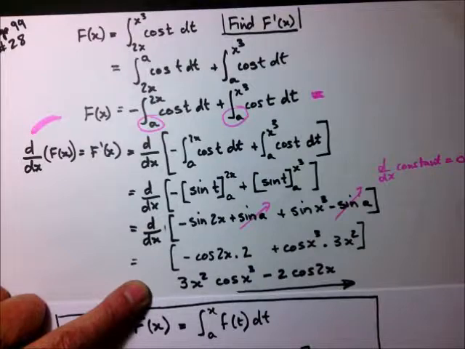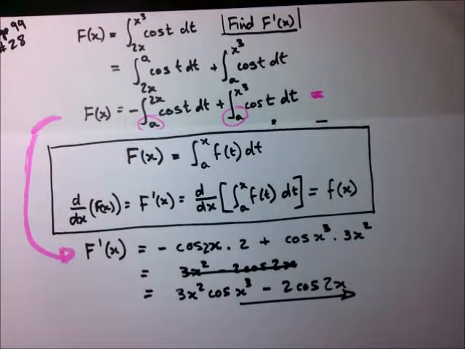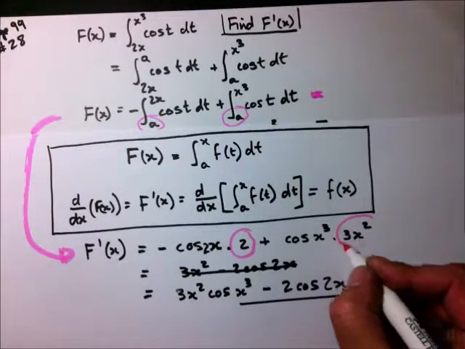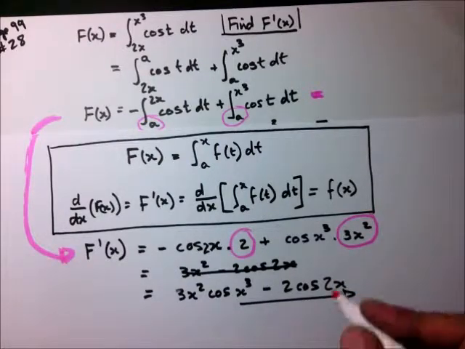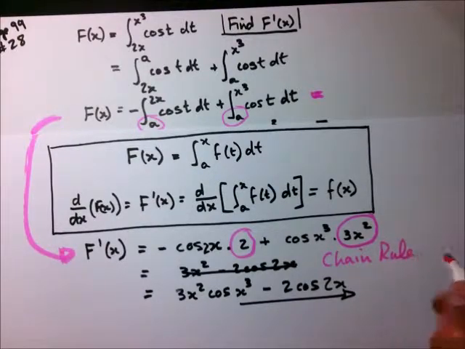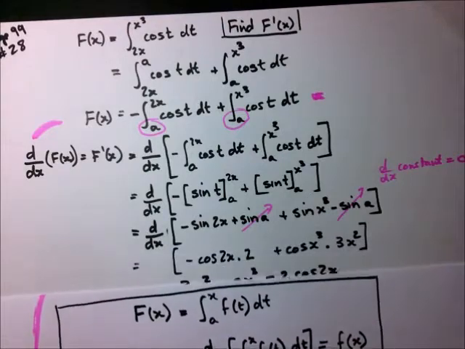Alright, and the reason why we needed to add this here is due to the chain rule, which we saw in the previous method that we did.